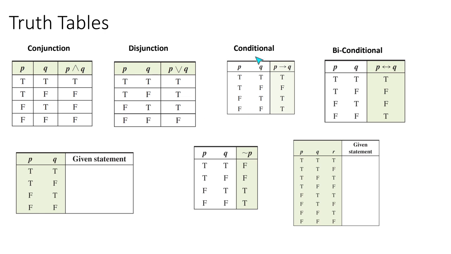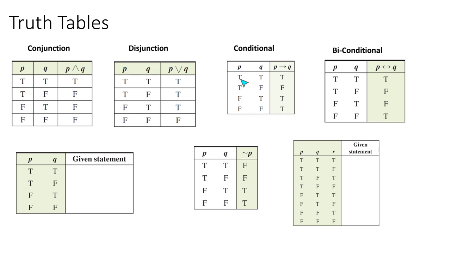And then for the conditional, I guess the sentence I could use would be something like this. If you run 10 laps, then I will buy you a car. Okay, so let's see what happens here.